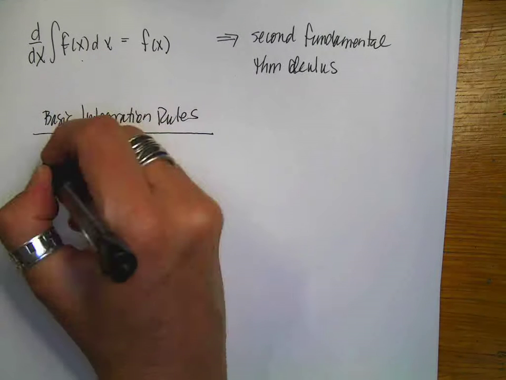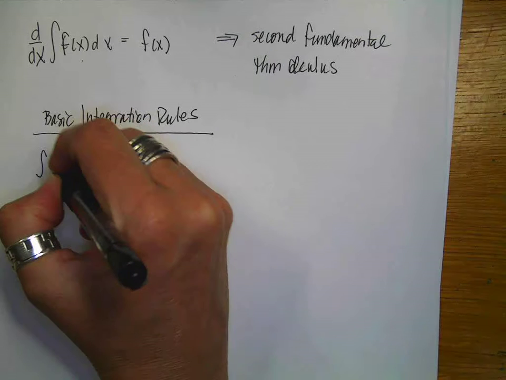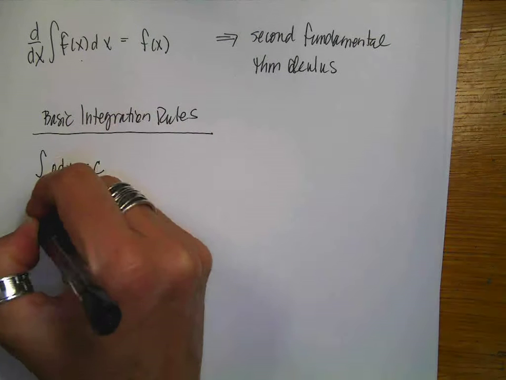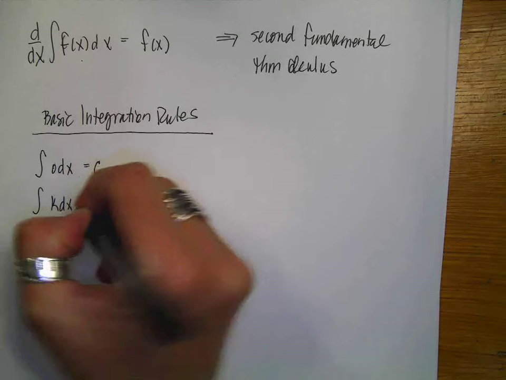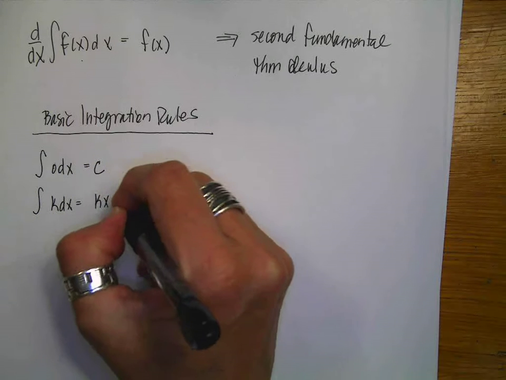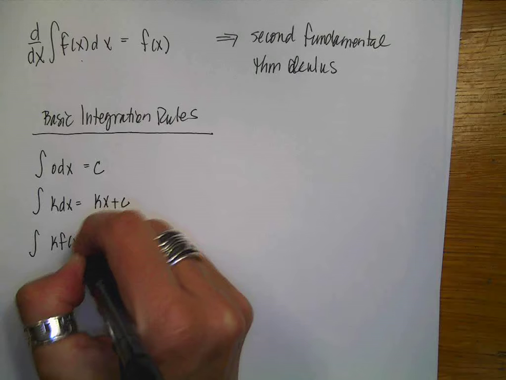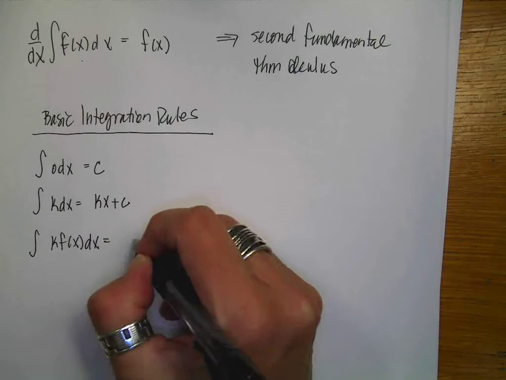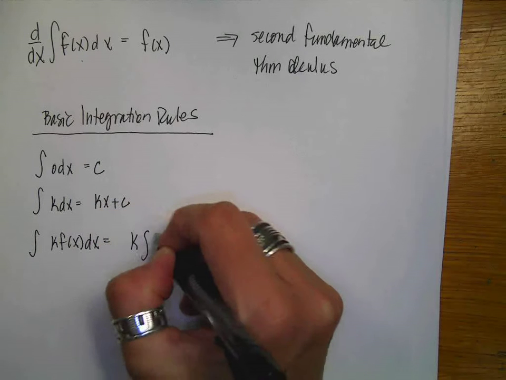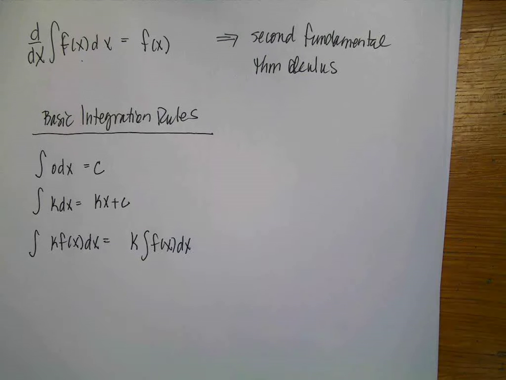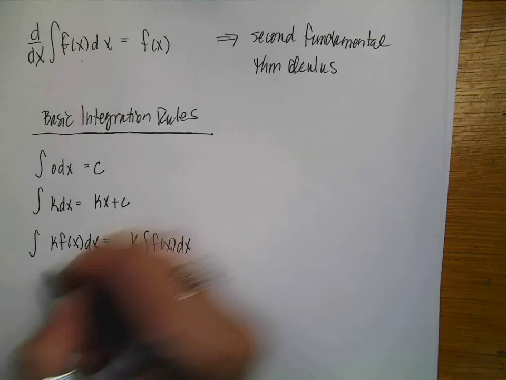Here are your basic integration rules, and there are just a few of them. The integral of 0 dx is going to equal a constant. The integral of k dx is going to equal kx plus c. The integral of k f of x dx is the same thing as pulling the constant out front and then integrating. Remember that we like to make our math as simple as possible, so that's why we want to take that constant out front.